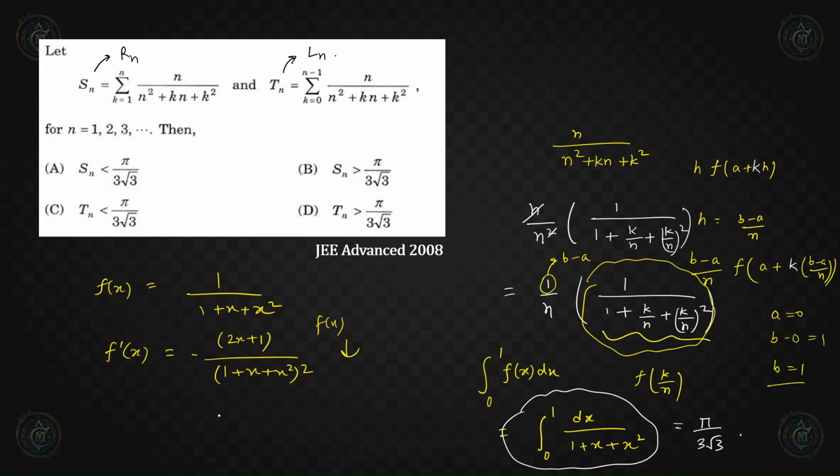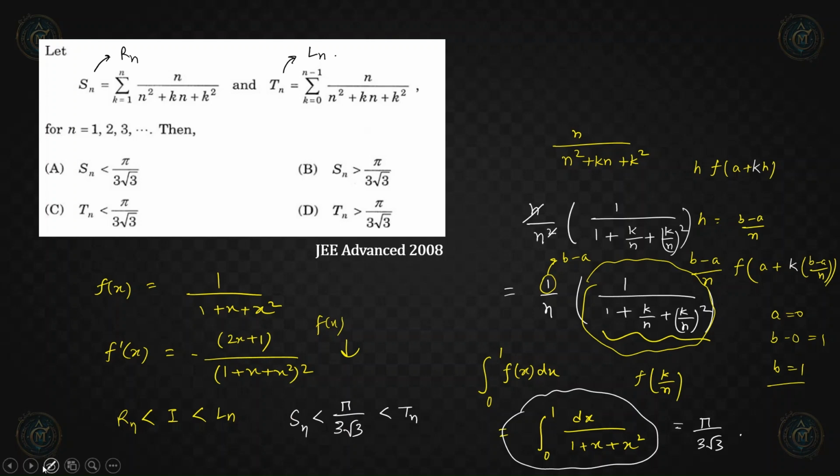That means this left Riemann sum will be definitely greater than the actual integral, and this actual integral is greater than the right Riemann sum. So this I, which is pi divided by 3 root 3, is less than our Tn, and this pi by 3 root 3 is greater than our Sn.